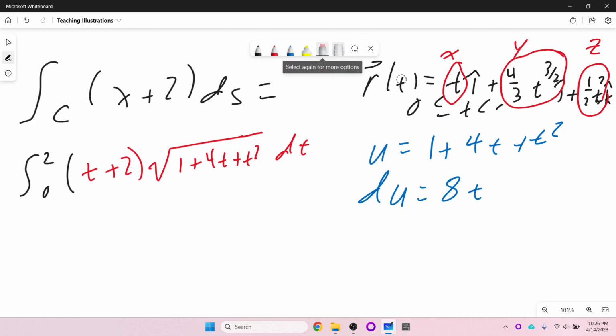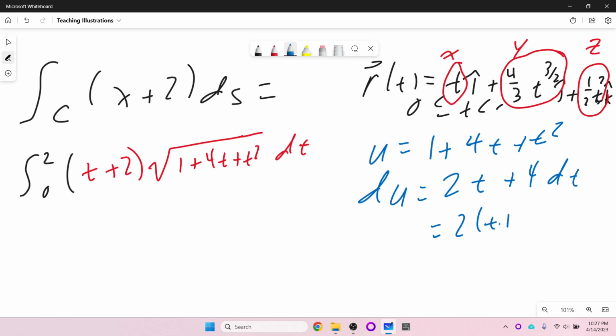Du would be 2t plus 4 dt, which is the same as 2 times t plus 2 dt. So we can see it's almost the same thing. So I'll put a 2 here and a 1/2 here for balance. And again, if you'd rather solve for dt as du over 2t plus 2, that'll get you to the same place. It is 1/2 integral.